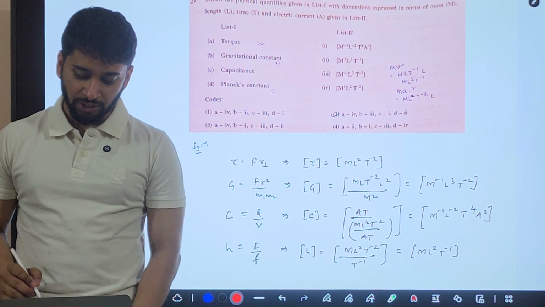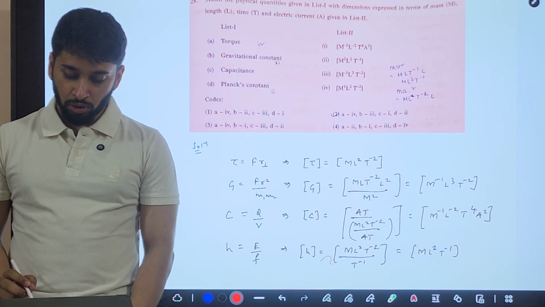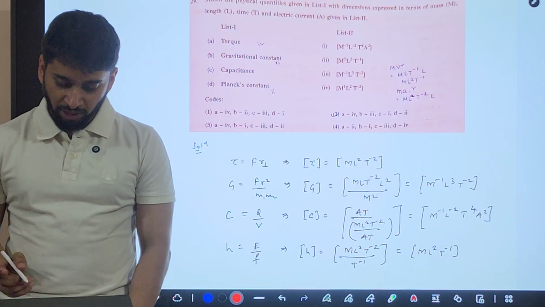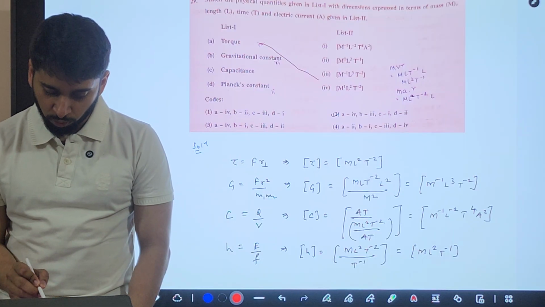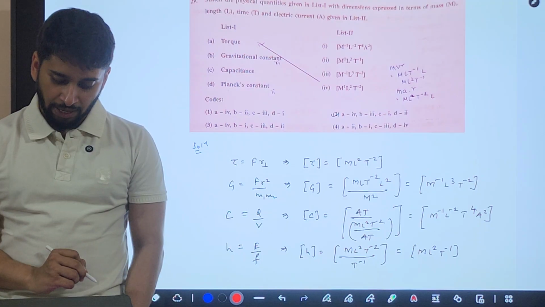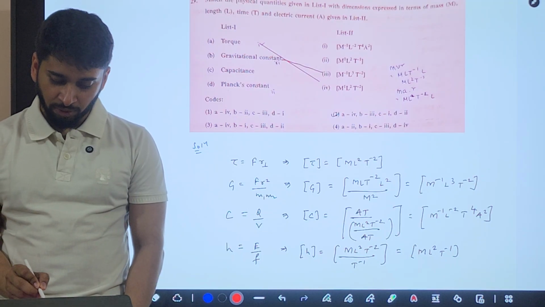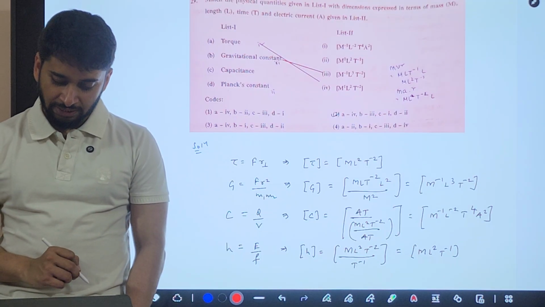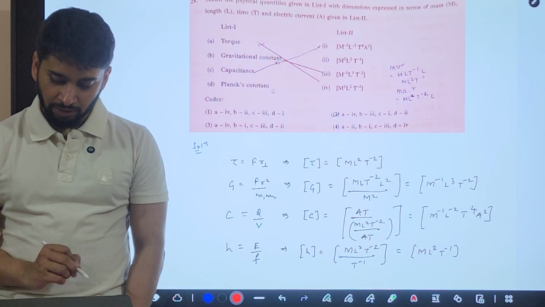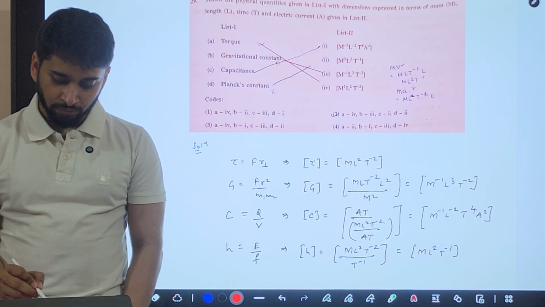Okay, let's quickly match. Torque, ML squared T minus 2, fourth one. Gravitation constant, M minus 1, this one, third one. Capacitance, the bigger one. Planck's constant, this one, right?